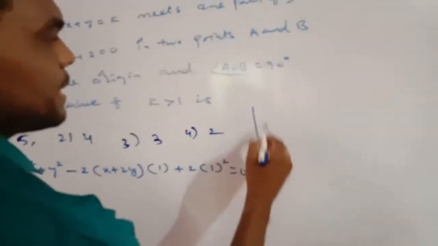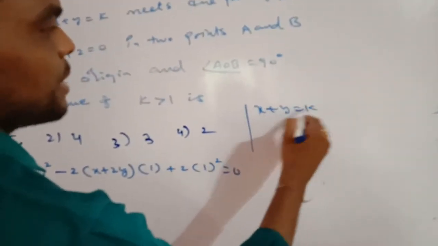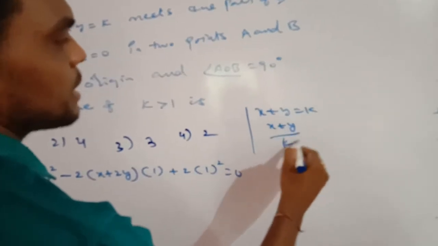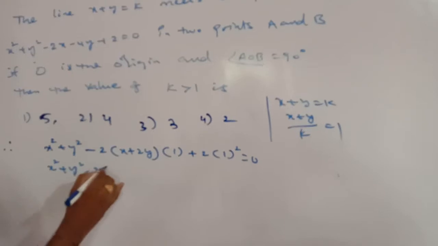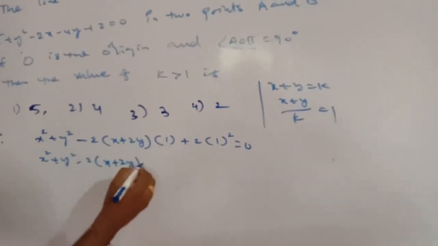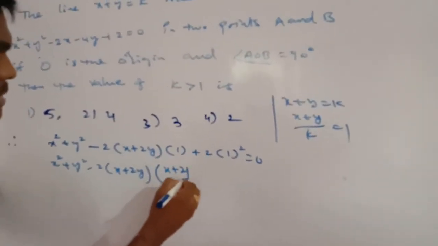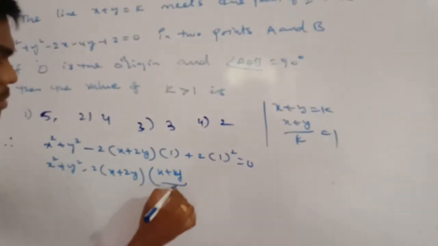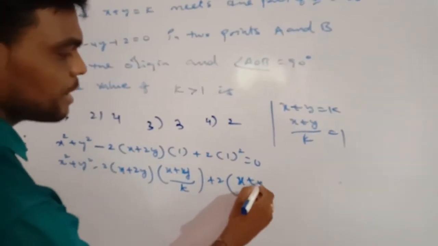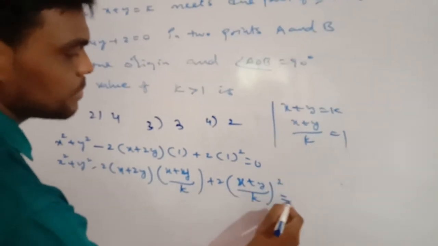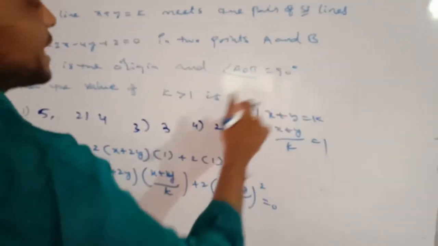Now the line is x plus y is equal to k, here (x plus y) by k is equal to 1, and x² plus y² minus 2 of (x plus 2y) into (x plus y) by k plus 2 into ((x plus y) by k) whole square is equal to 0. Now we observe the angle AOB is 90 degrees.